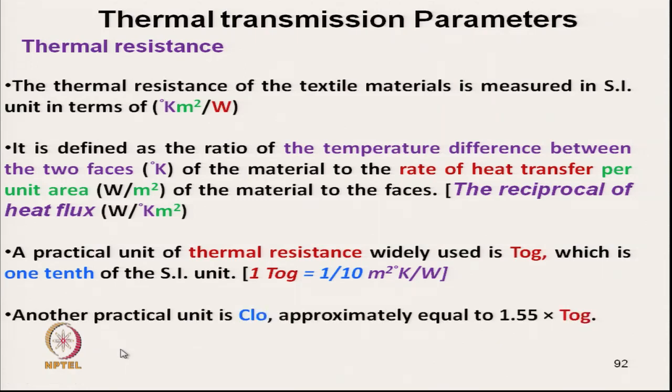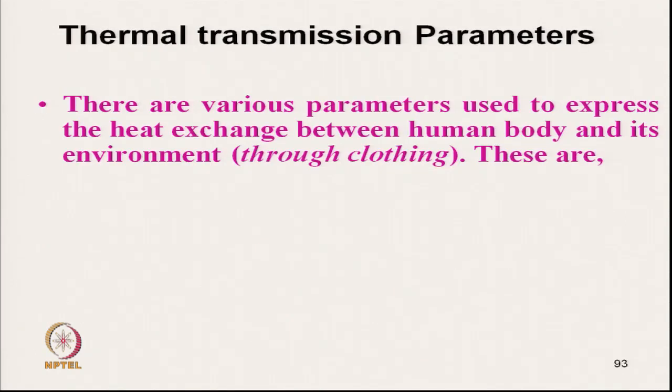Another practical unit which is very widely used specifically for cold climate clothing is known as CLO. This is approximately equal to 1.55 TOG. We will see how we can reach this relationship with some basic assumptions.